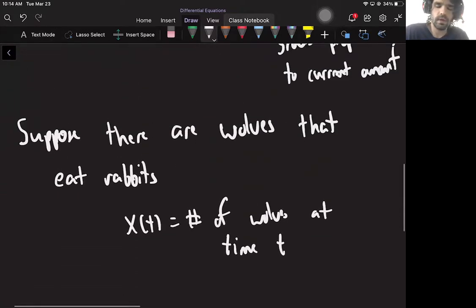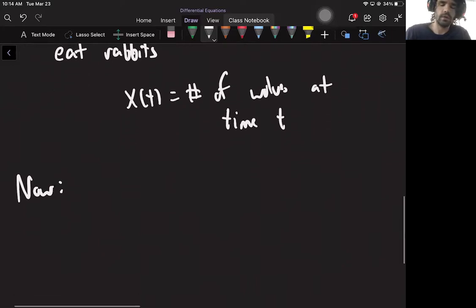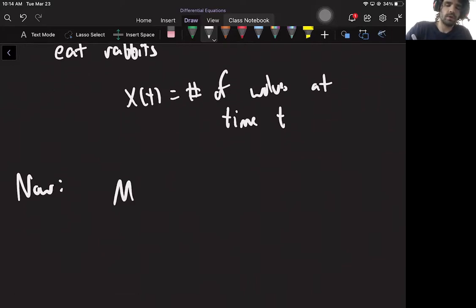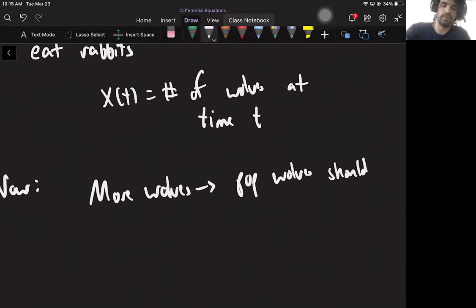So how do we model this? Well, let's sort of think about it. What's going on? So when there are more wolves, what should happen? Well, the population of wolves should decline because there's not enough food to go around.